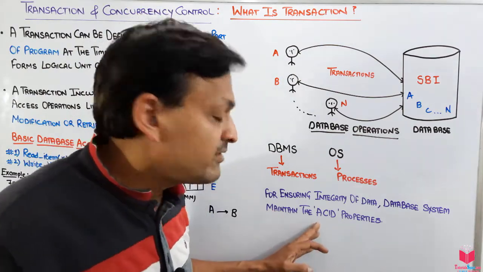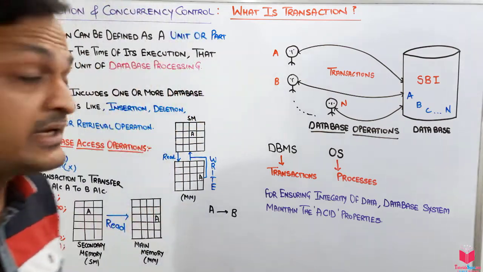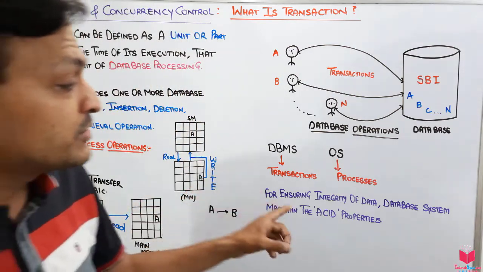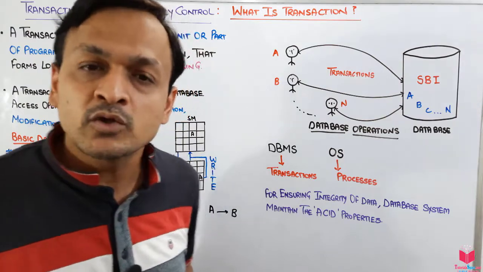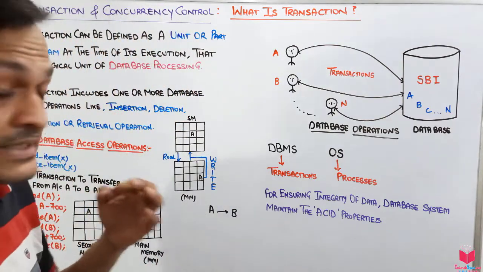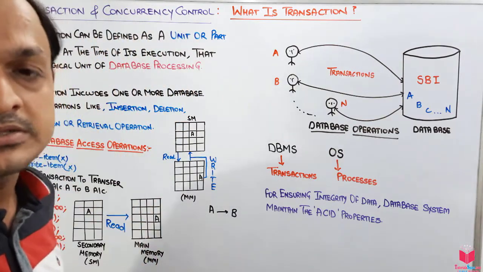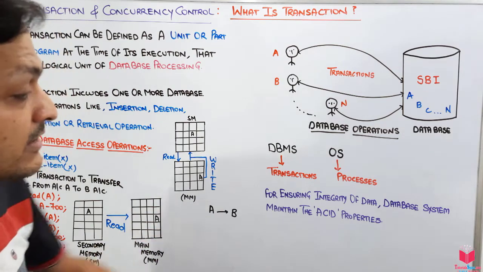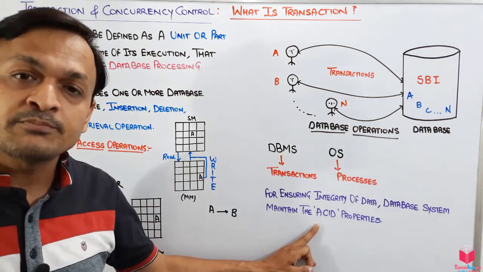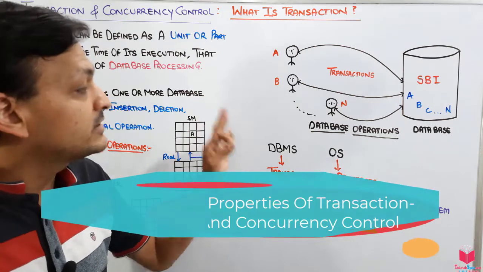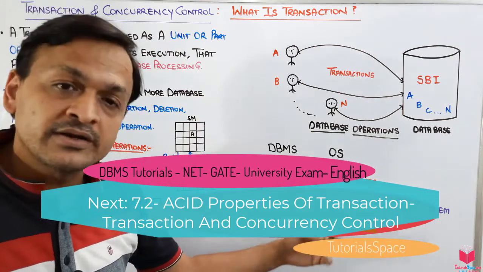We will study the ACID properties in the next video: what exactly the ACID properties are and how they ensure the integrity of data. So get ready for the next video on the ACID properties for ensuring data integrity.